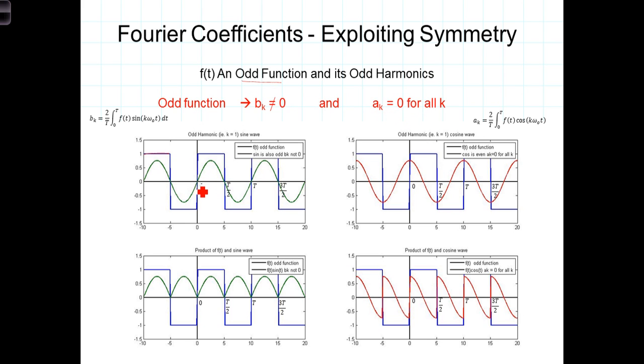So, looking first here again, for k equals 1, the frequency of the sine wave will be the same as the fundamental frequency of our periodic waveform. You'll notice that the positive lobe and negative lobe of f of t coincide with the positive lobe and the negative lobe of the sine.